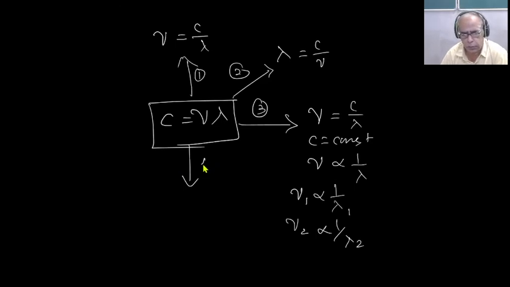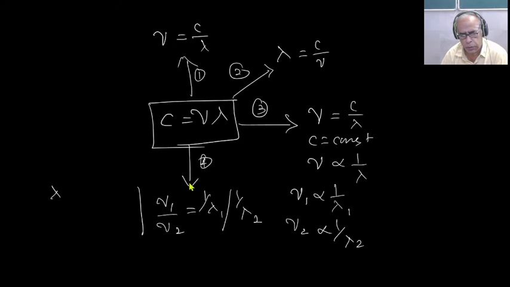For example, this is the fourth model. I can suggest that nu 1 divided by nu 2 is equal to, when you divide two proportionalities it becomes equal, 1 by lambda 1 whole divided by 1 by lambda 2. Lambda reciprocated, so lambda 2 divided by lambda 1 is equal to nu 1 divided by nu 2.